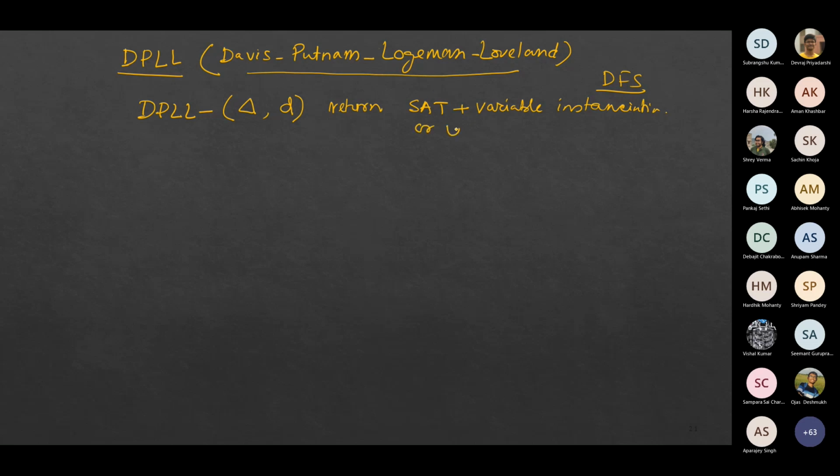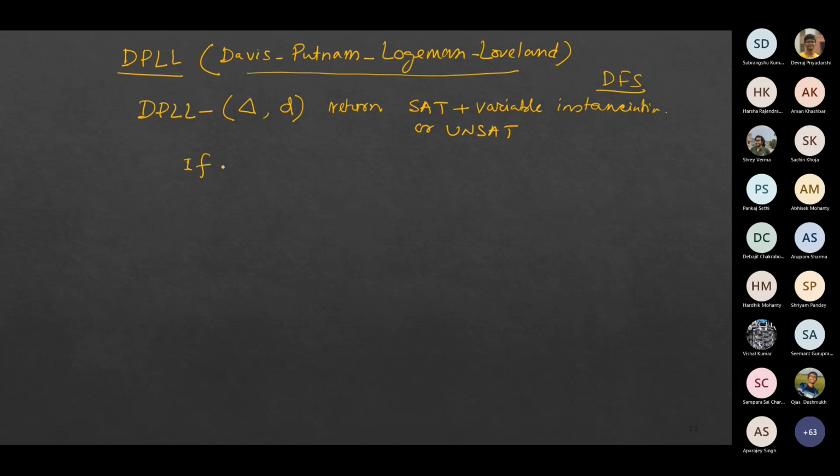Or it may return unsat, right? So basically it will be a recursive algorithm, and there are two steps that we need to really define. One is the base step. So what would be our base step?